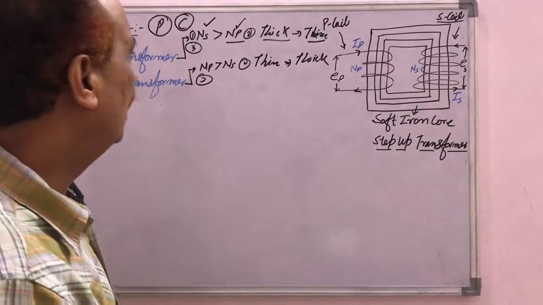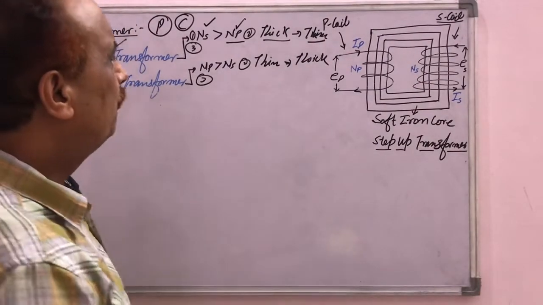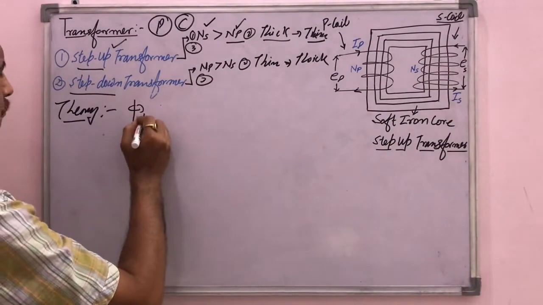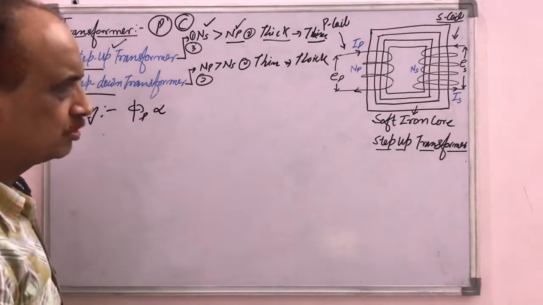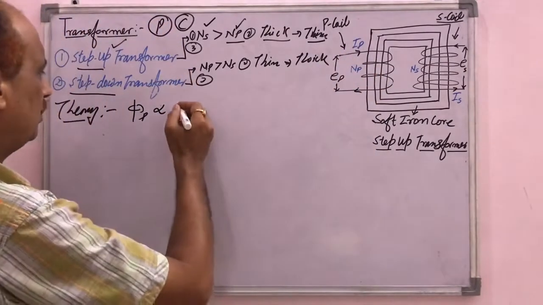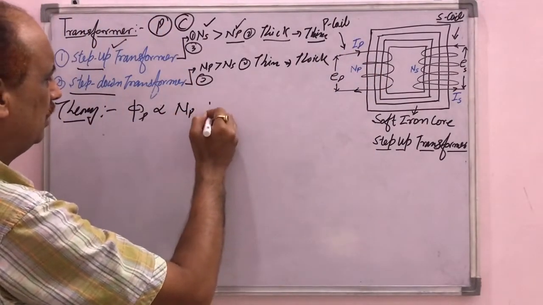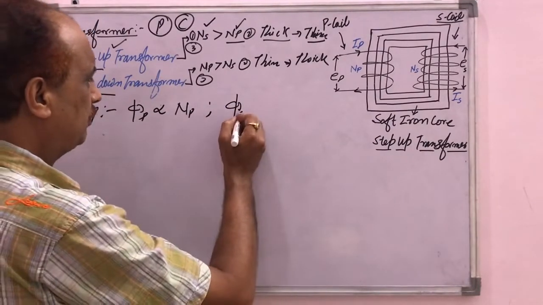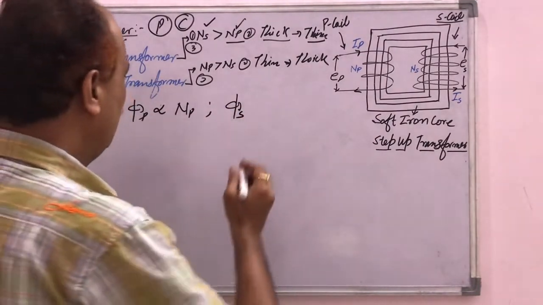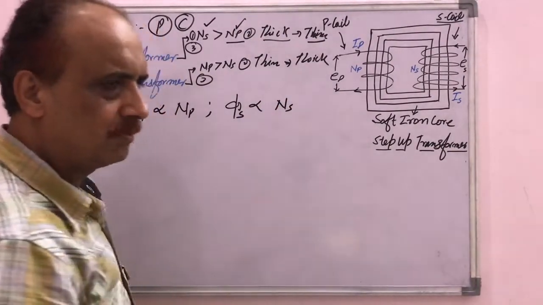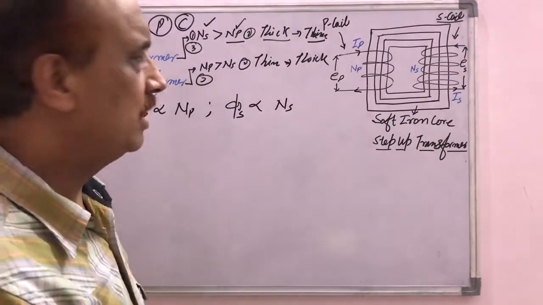Now it is found that the magnetic flux linked in the primary coil, represented by phi p, is always directly proportional to the number of turns in the primary coil, represented here by Np. Similarly, the magnetic flux linked in the secondary coil, represented by phi s, is always directly proportional to Ns, the number of turns in the secondary coil.